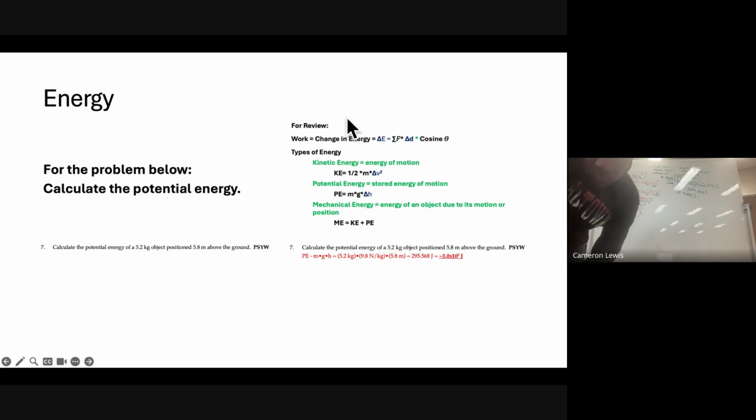I'm more concerned with you understanding the physics and getting to this point. Once you get to this point, we're good. Same answer.